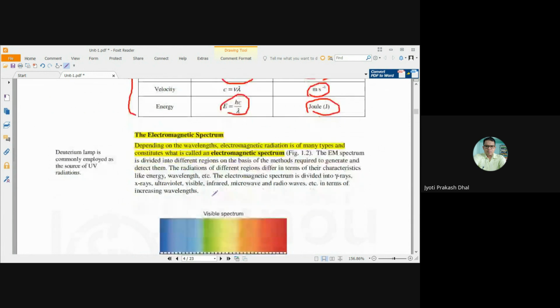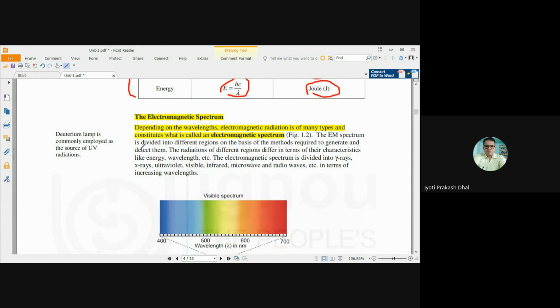Now coming to the electromagnetic spectrum. If we arrange the different types of electromagnetic radiations according to increasing order of their frequency, or increasing order of their wavelength, or decreasing order of their frequency, or decreasing order of their wavelength, the series obtained is called the electromagnetic spectrum.